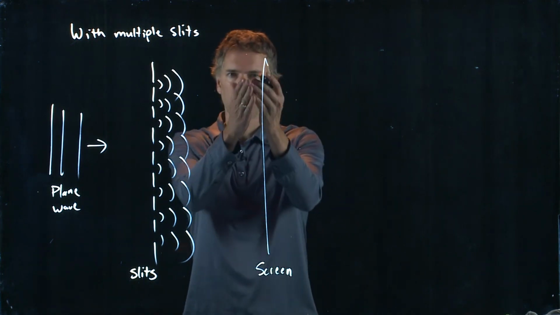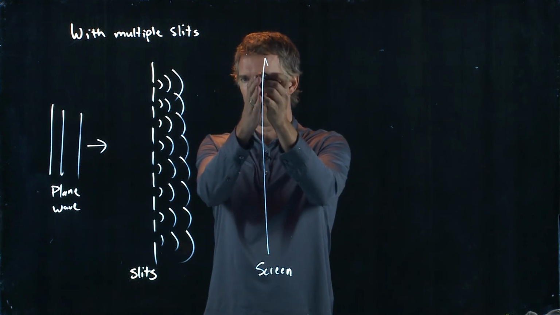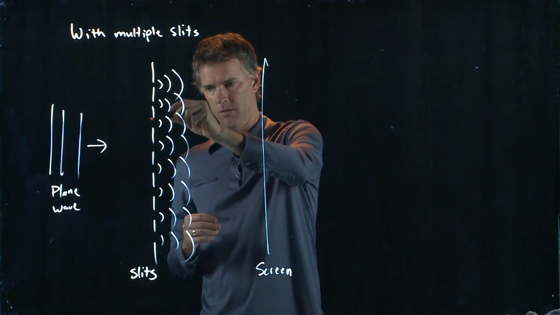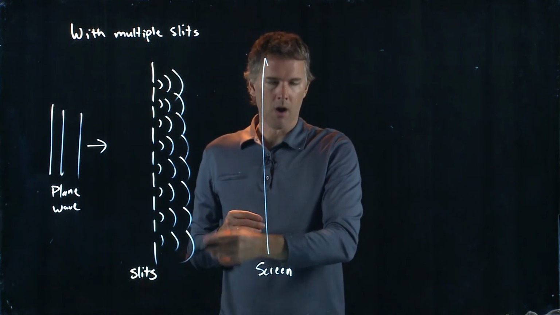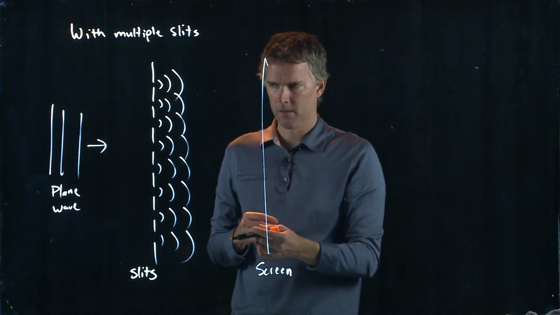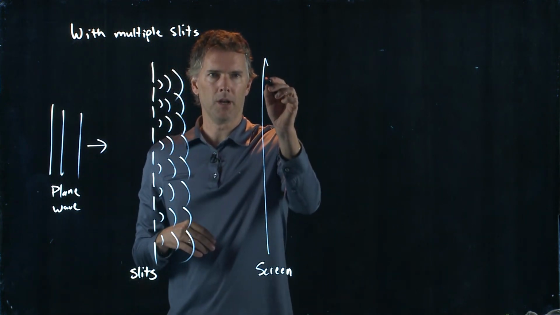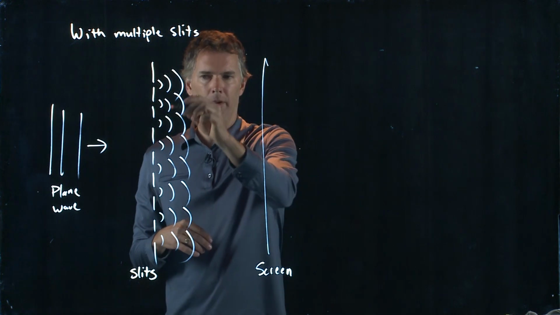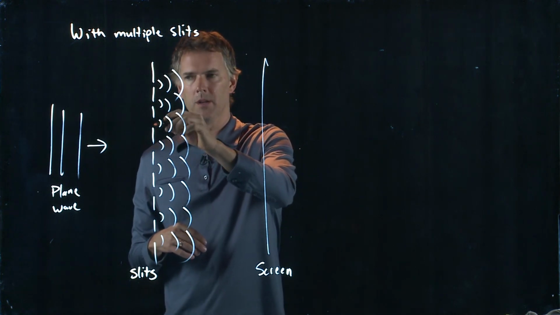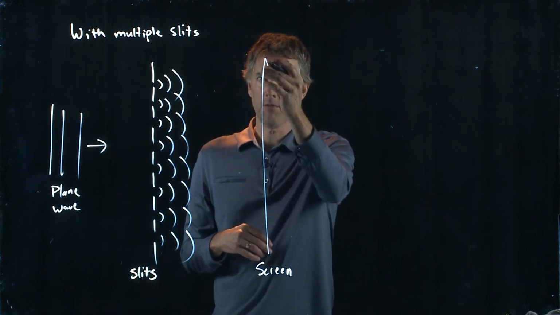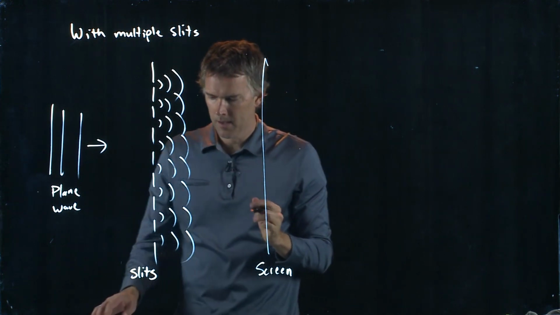So any point on the screen here is going to be a combination of the fields from 1 and 2 and 3 and 4 and so on, all the way down. But the one from 2, if I'm looking up here, had to go a little bit further than the one from 3, than the one from 4. Each time you go down, they have to go a little bit further to the screen if I'm looking at the top of the screen.